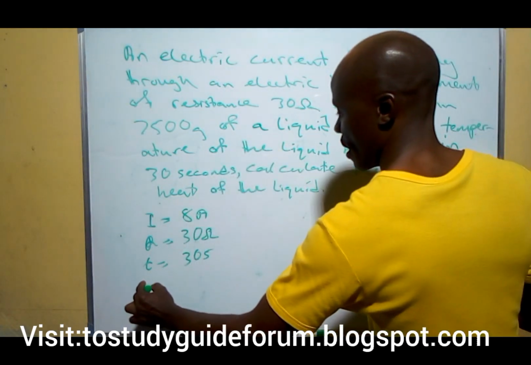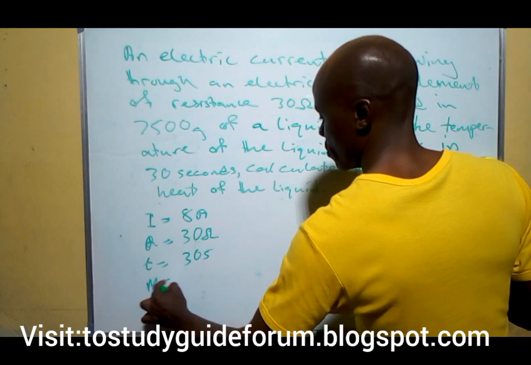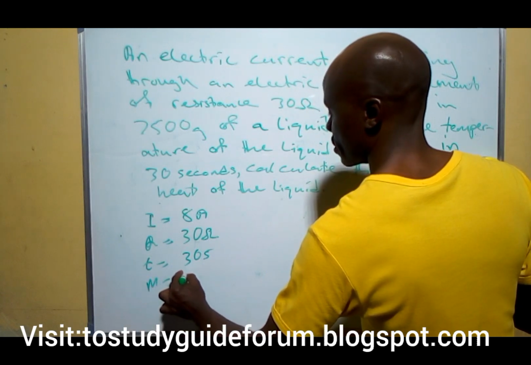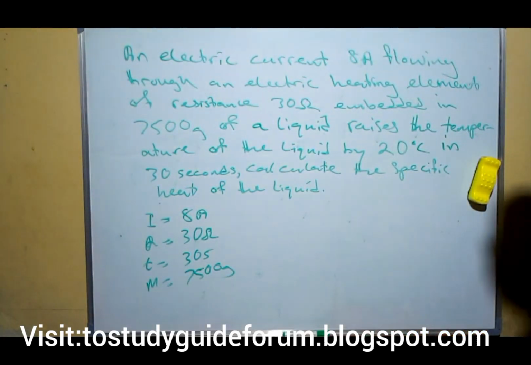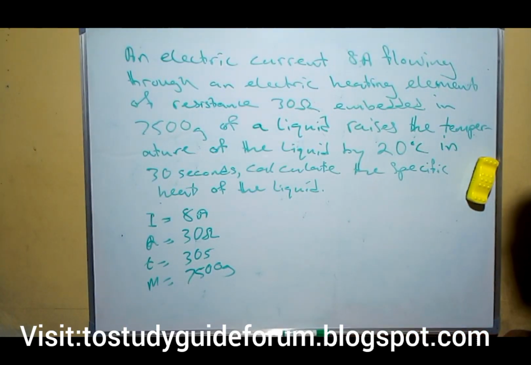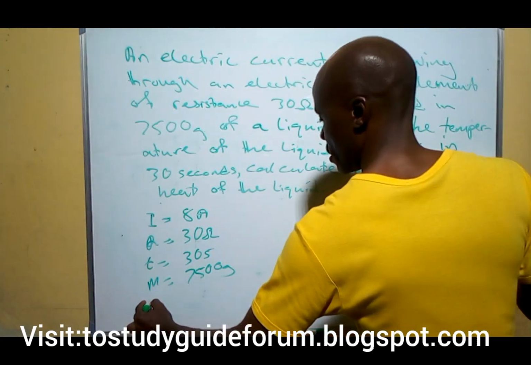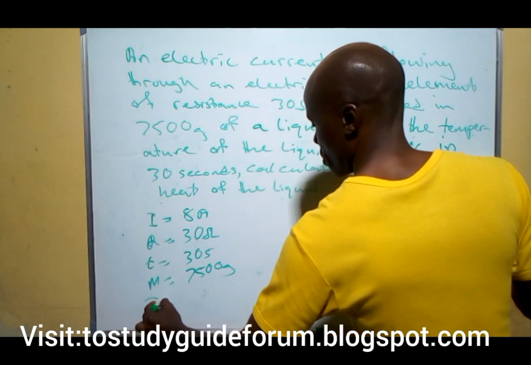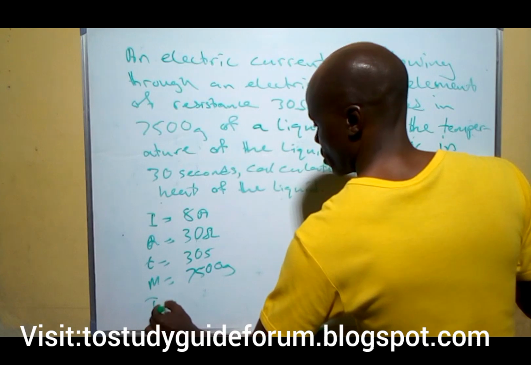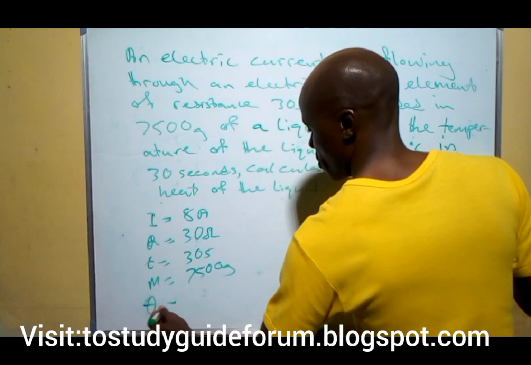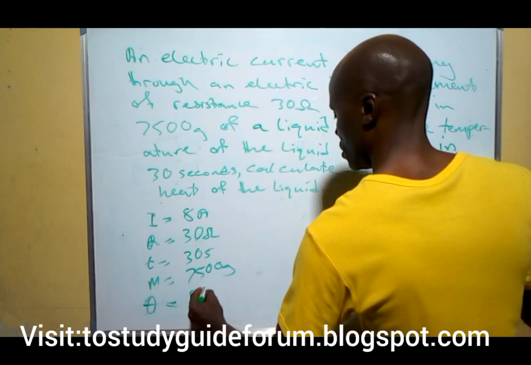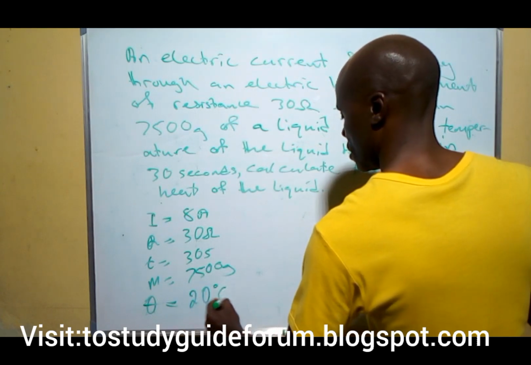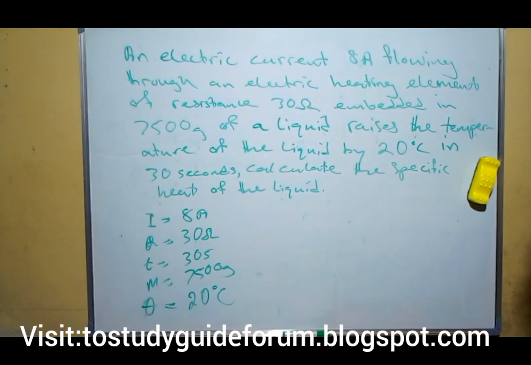Then we have the mass, which is in grams. The next one is the rise in temperature, which we can call theta, equal to 20 degrees Celsius.